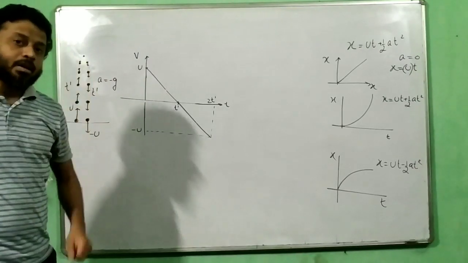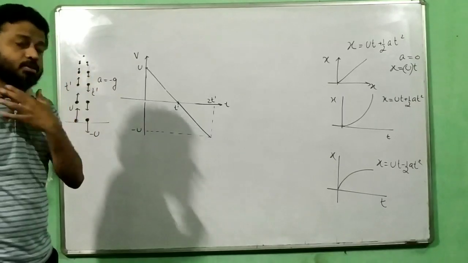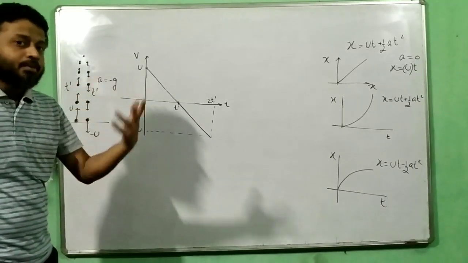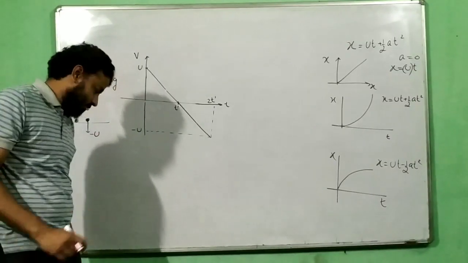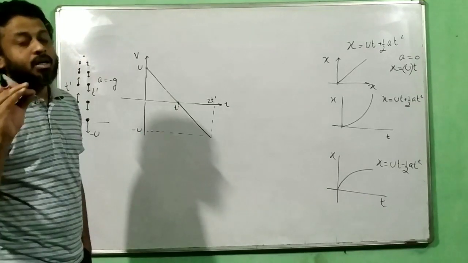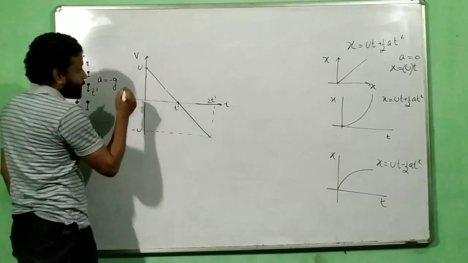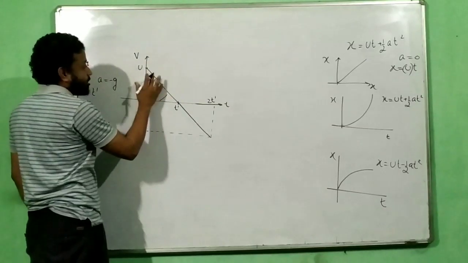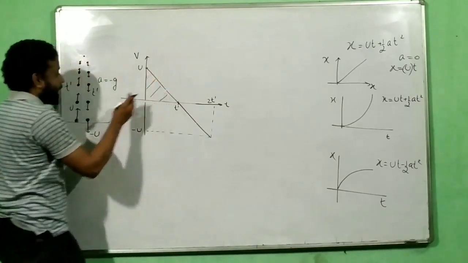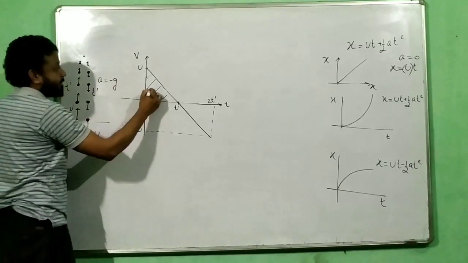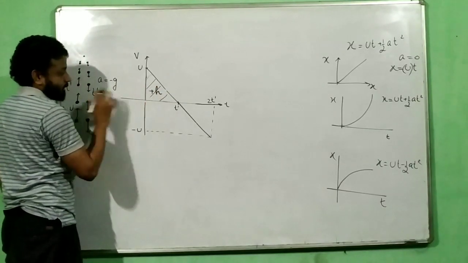Now what is the significance of the VT graph? The area under the VT graph gives you displacement, correct? So if I find this area, which is the positive area because it is in the first quadrant, I get the upward displacement from here to here. That means let us say plus h.